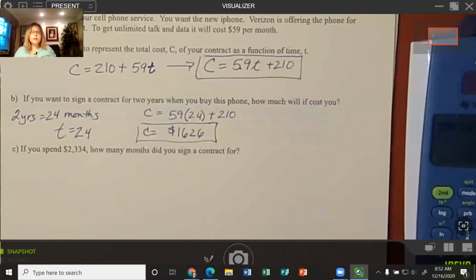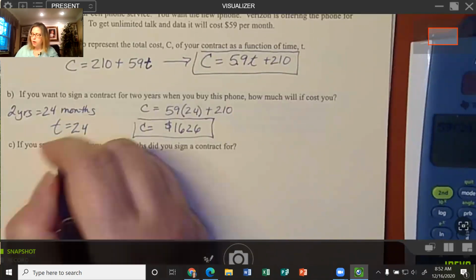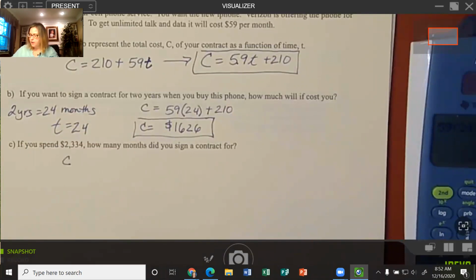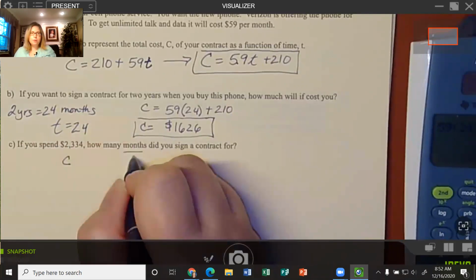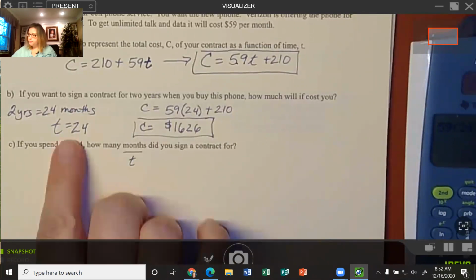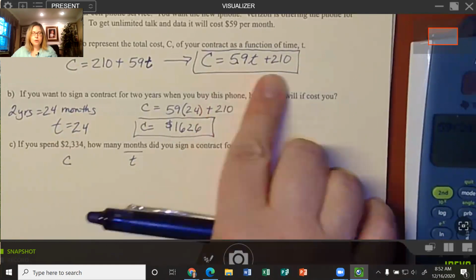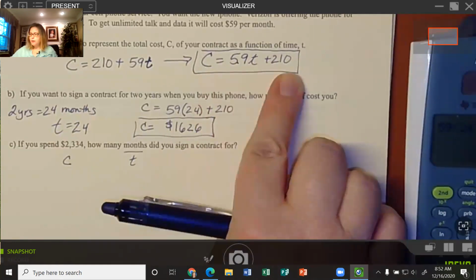Part C: if you spend $2,334, how many months did you sign a contract for? So here they're giving us the total cost and asking us to find the number of months, T. All right, so we have our initial equation right here. Cost is equal to $59 per month plus the $210 for the phone. So we're going to substitute.